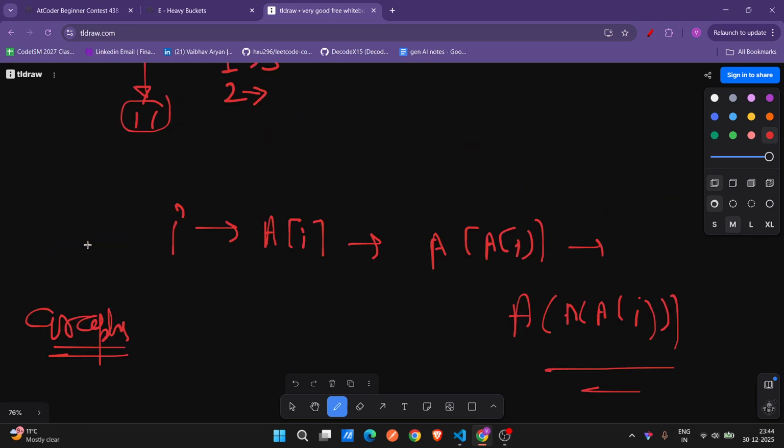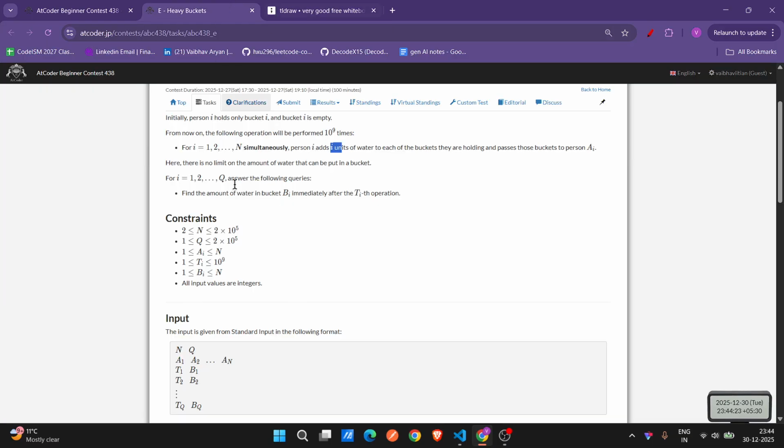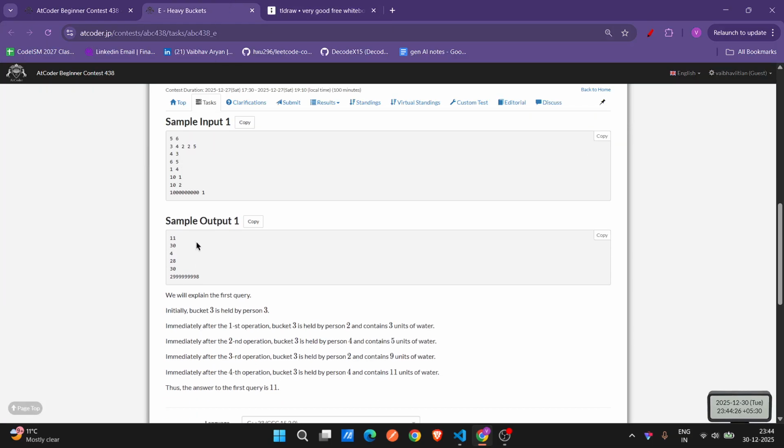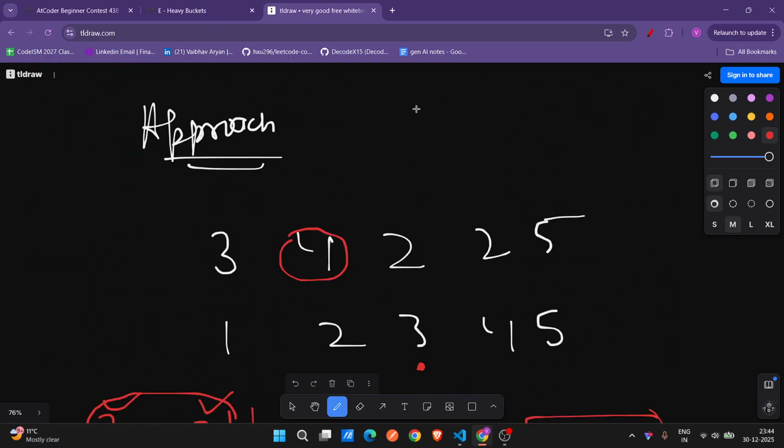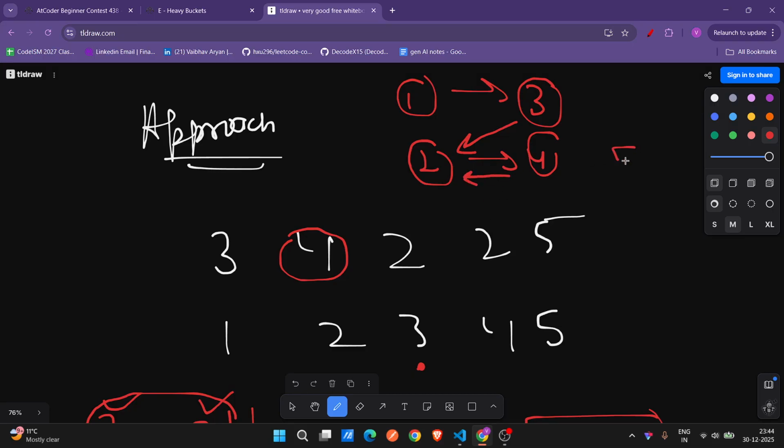So now if you try to think in terms of a graph, I'm drawing it here. Think of it like a directed graph. You have an edge from 1 to 3, then you can go from 3 to 2, then from 2 to 4, and from 4 to 2, and then you have a separate node 5.